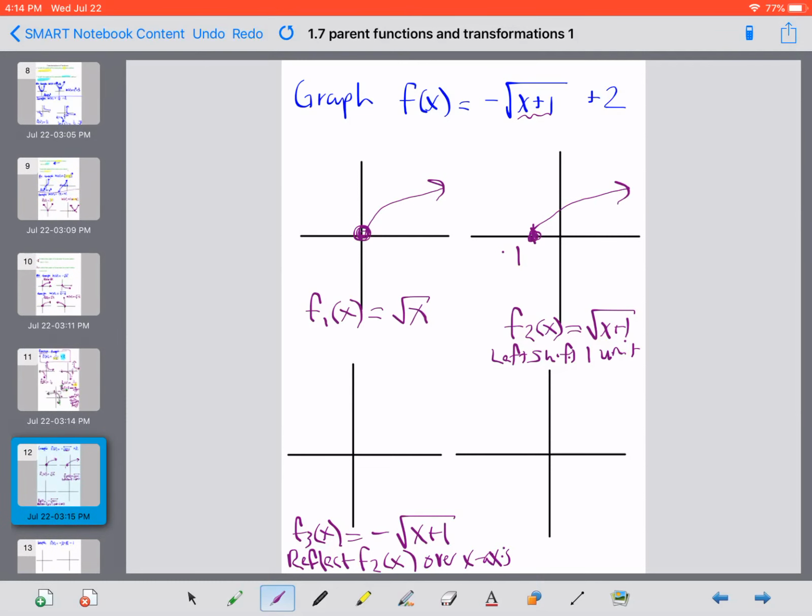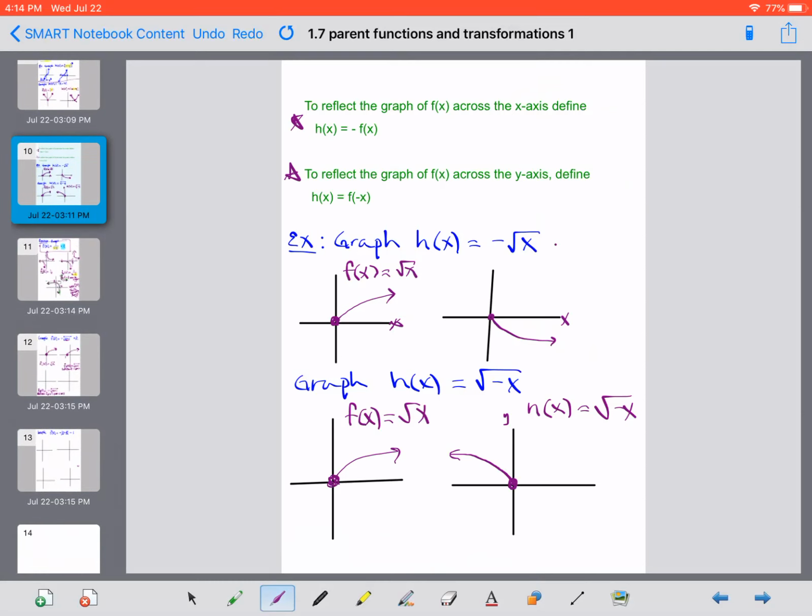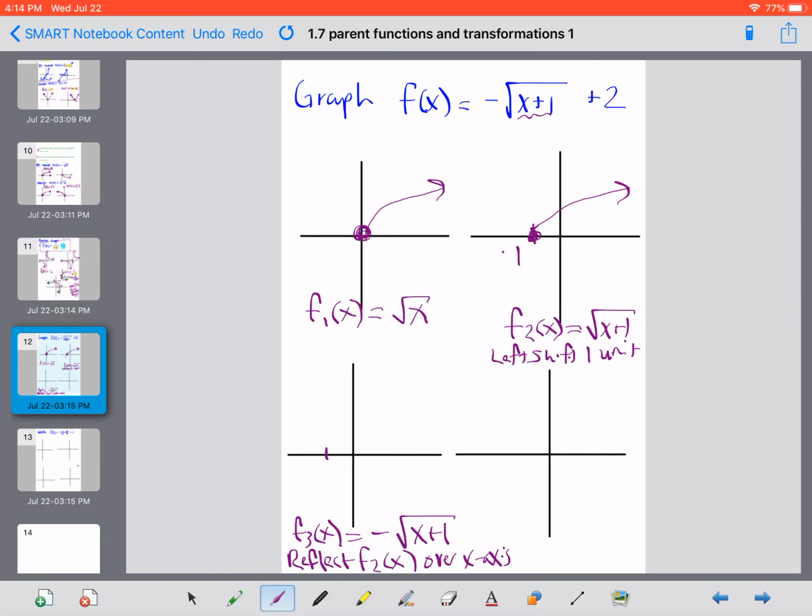Let me go back to explain why. Here it is, right? When you have a negative on the outside, you reflect across the x-axis. So I'm going to take that original graph f2 of x and reflect it across the x-axis, that's this one, and now it's going to be heading off in this direction. Right, reflect over the x-axis and the result is this.